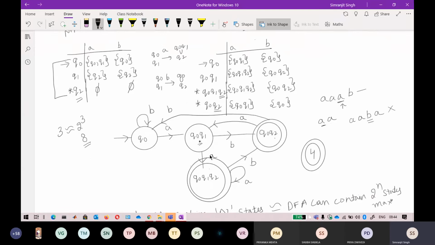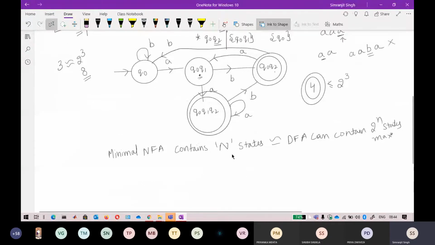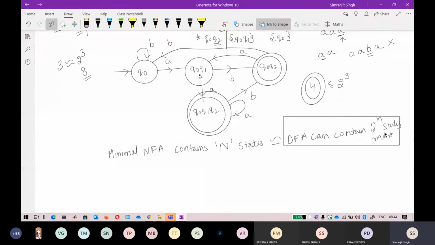So the maximum is 2 raised to power 3 here, but it's less than that. Again, I just want to clarify that this is the formula: the equivalent DFA of a particular NFA can contain a maximum of 2 raised to power n states. It's always less than that.